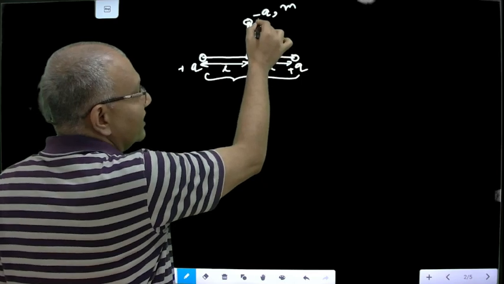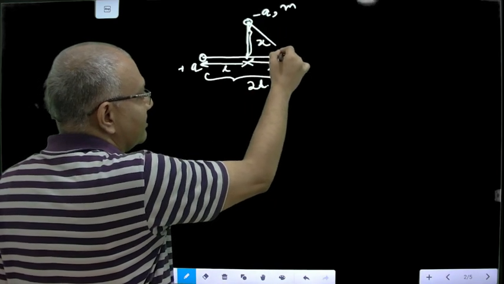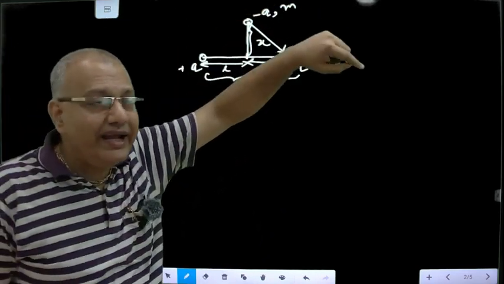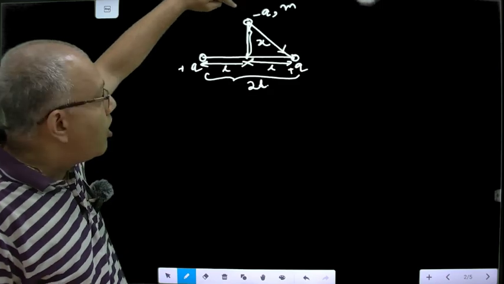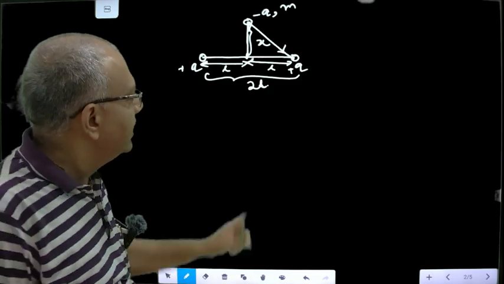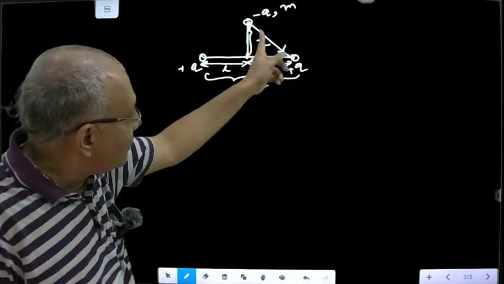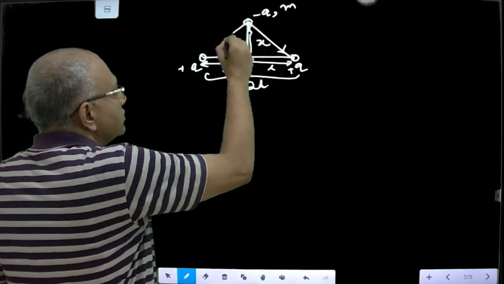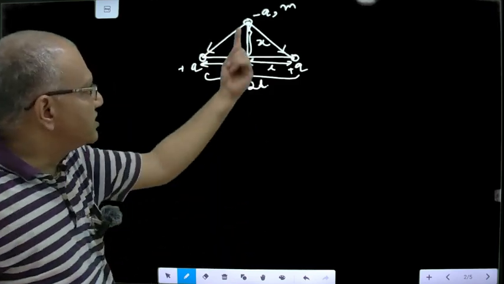This is a positive charge and this one is a negative charge, so attraction is going to occur, because we have to find the force on this negative charge. This plus q is going to attract this one, and this plus q is also going to attract it in this direction.